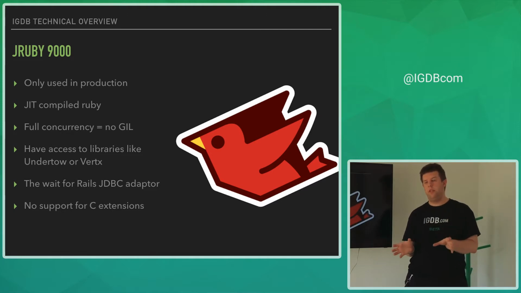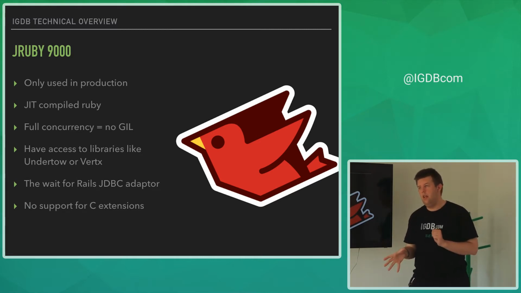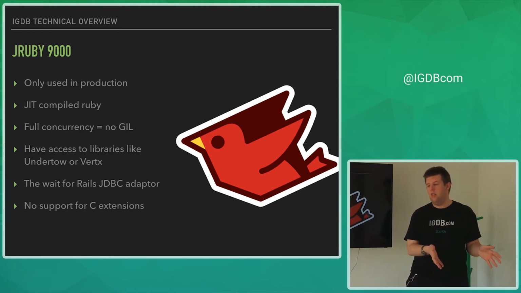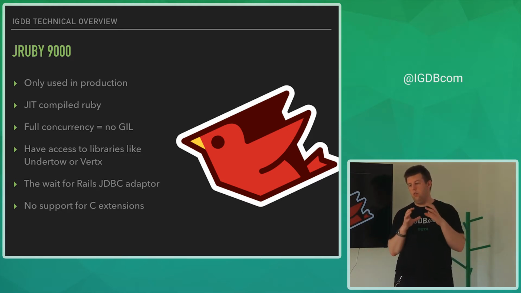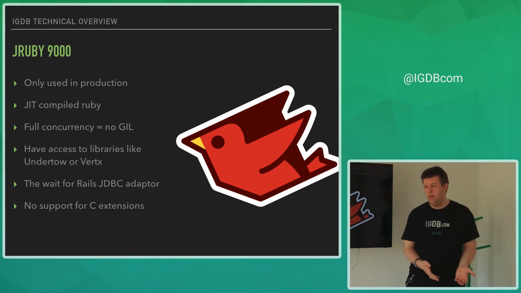It has full multi-threading. So we can leverage the computer power a lot better. JRuby also has access to a lot of Java libraries, which official Ruby cannot have.